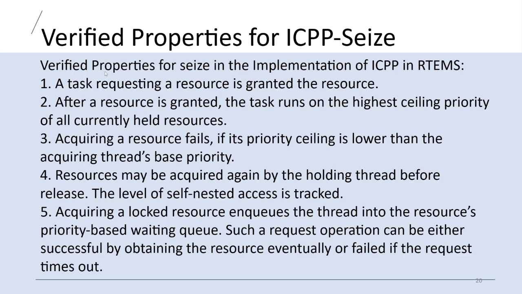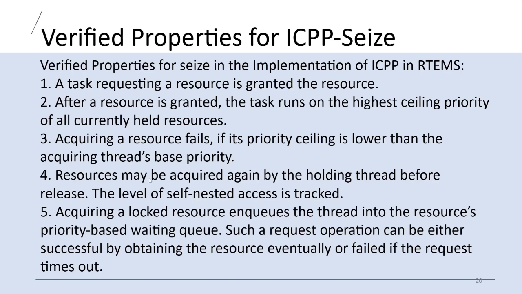Verified properties for seize in the implementation of ICPP in RTEMS. There are 5 properties. 1. A task that requires a resource is granted the resource. 2. After a resource is granted, the task runs on the highest ceiling priority of all currently held resources. 3. Acquiring a resource fails if the priority ceiling is lower than the acquiring thread's base priority. 4.